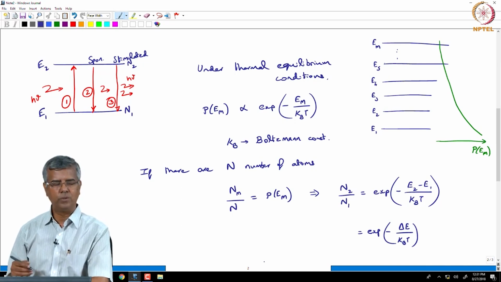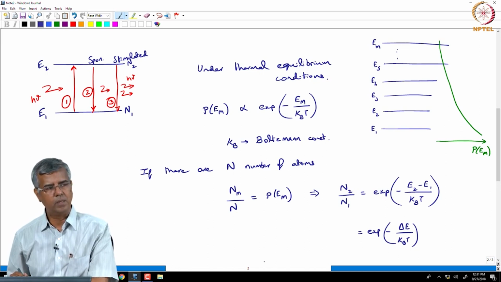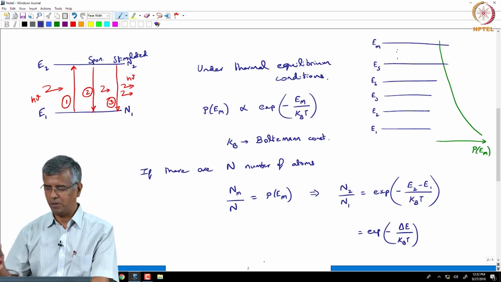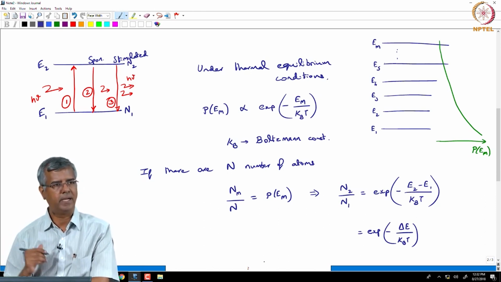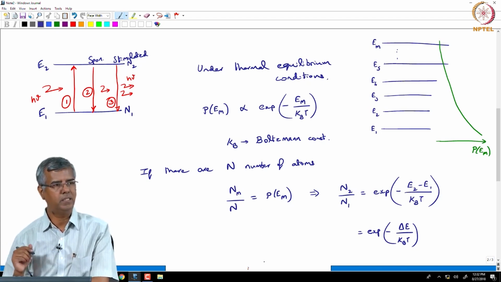And to give a background of that, we went back and looked at thermal equilibrium conditions. What Boltzmann law says is that the probability of occupying a higher energy level depends on the thermal energy, right.